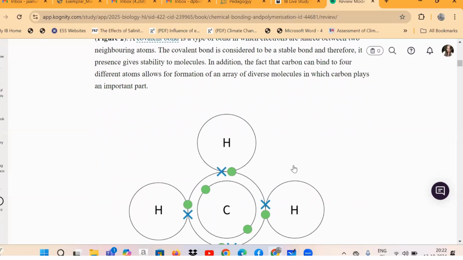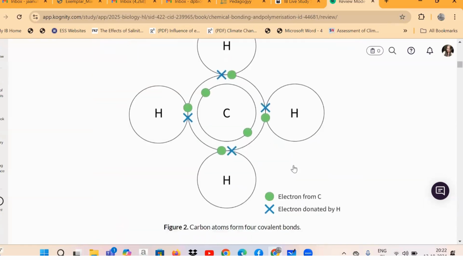All electrons are bonded with something else or shared with another atom, which is why it's stable. So the outermost shells are completely filled, so they share their outermost electrons and fill up their complete outer electron shell. That is why we say that covalent bonds are very stable.